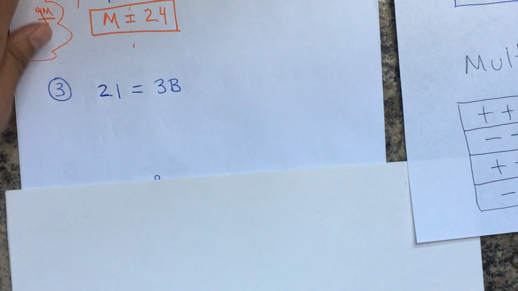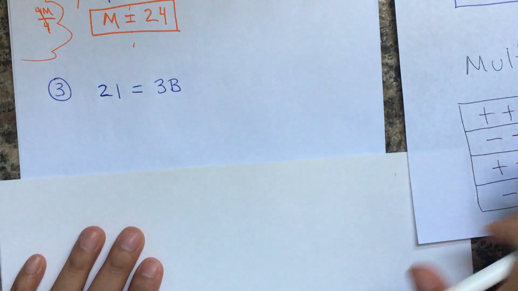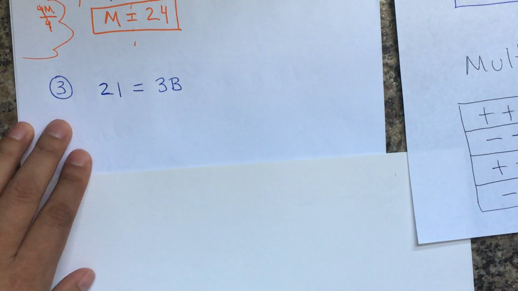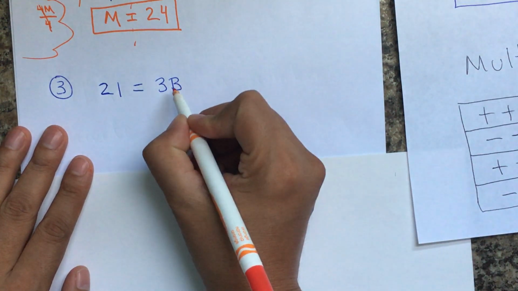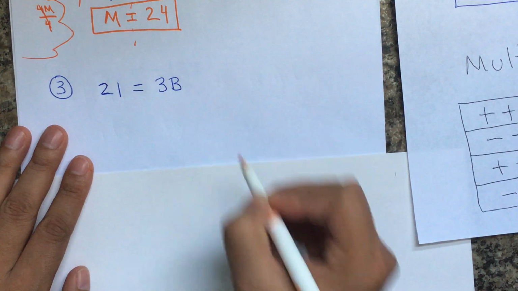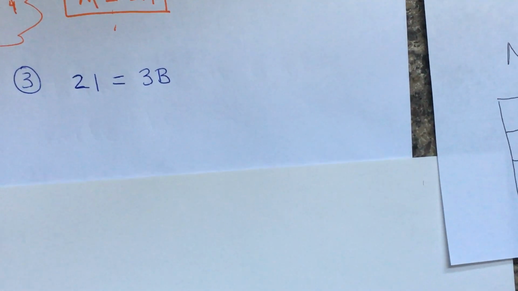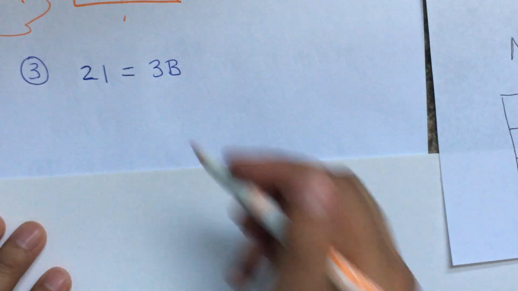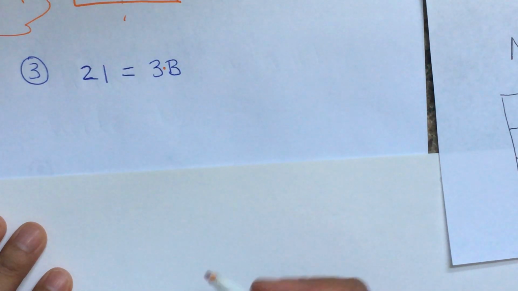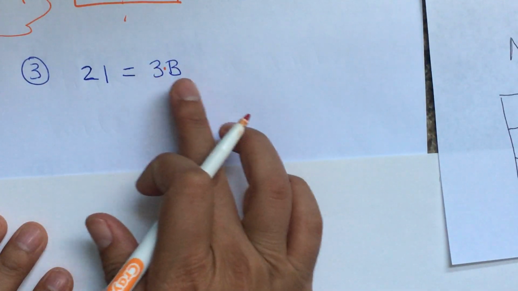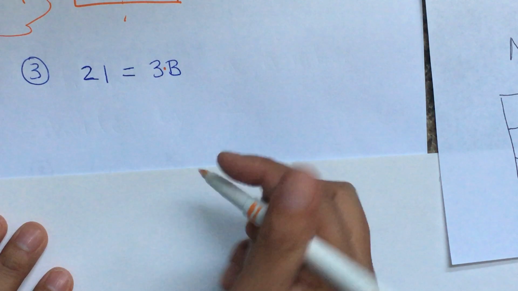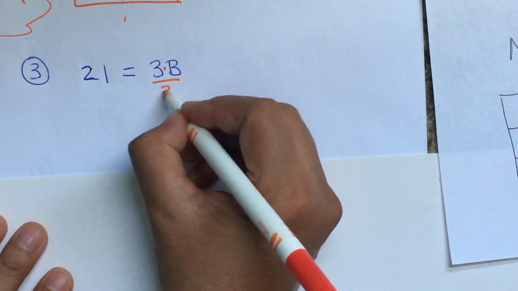Okay, let's do another one. So far we haven't needed the multiplication because first I'm starting with all positives. Now we want to leave b by itself. And so if we're multiplying, right? Remember that anytime you have a number and a variable, that's multiplication. The opposite is to divide.